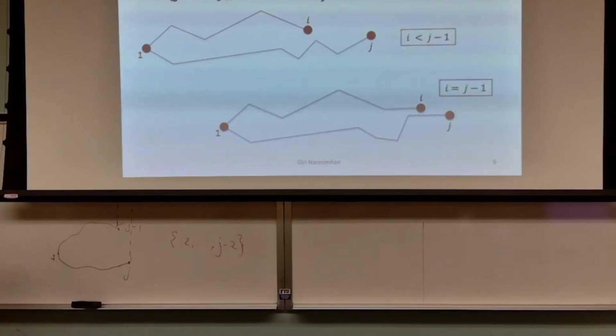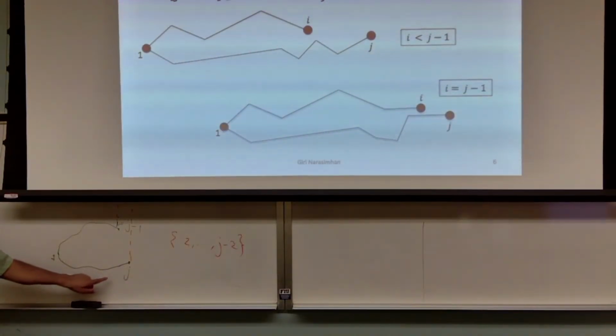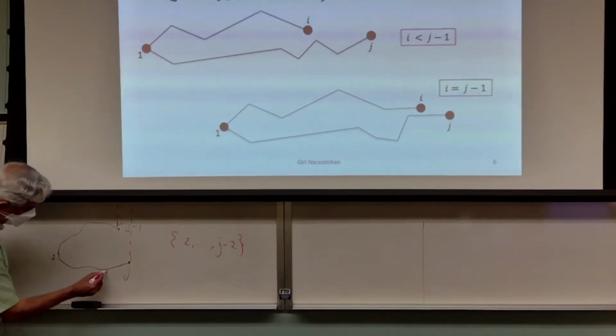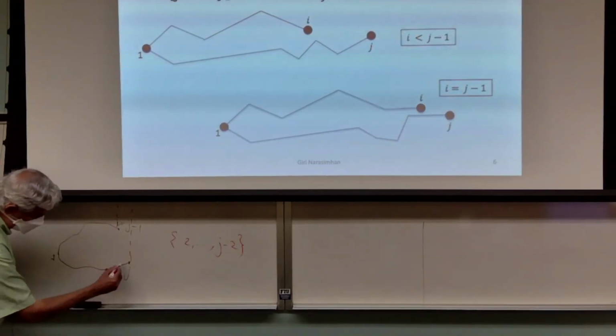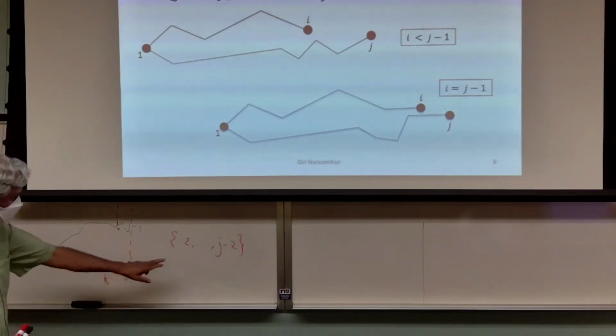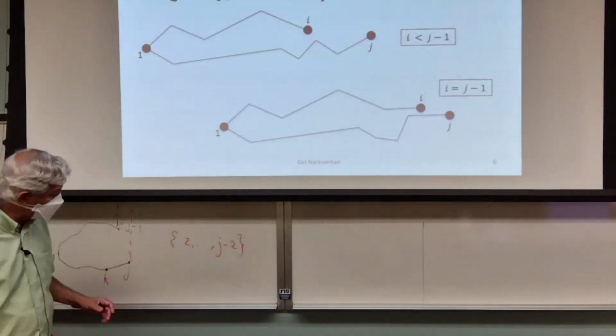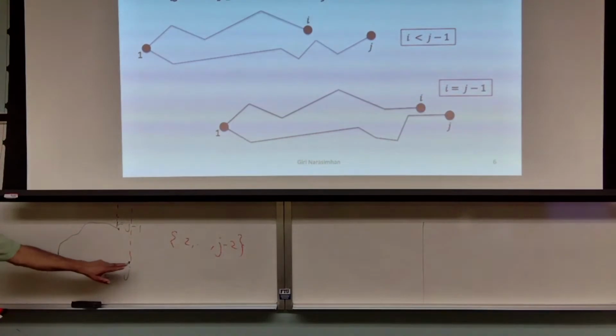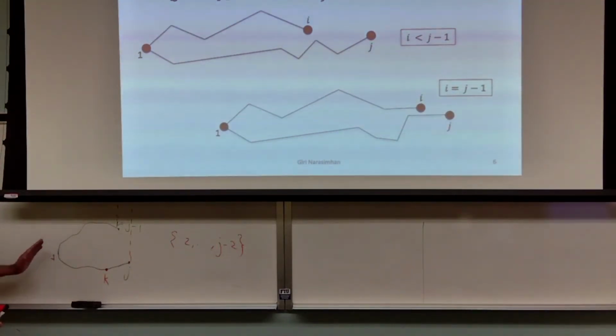All I'm going to be concerned about is which one is connected to j, which means what's the last guy on the j path before j. Since I don't know which, it could be this guy k is the last one here, but I don't know what that k is. Now, k could be either 2, 3, 4, or actually it could even be 1, because j could simply be connected here, and you can put everything else on the upper path.